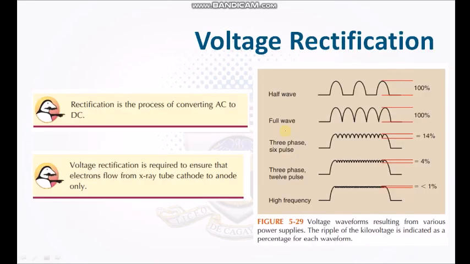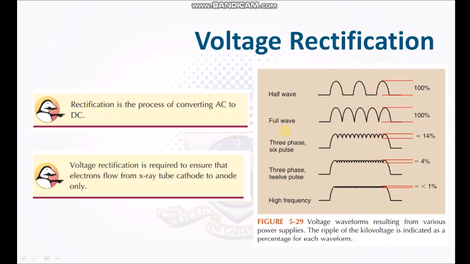Okay, so in relation to what I mentioned earlier, when it comes to electricity, we have an alternating current being supplied by the electrical company, but then inside of the X-ray tube we need DC. We need direct current. We need the electrons to travel in only one direction.